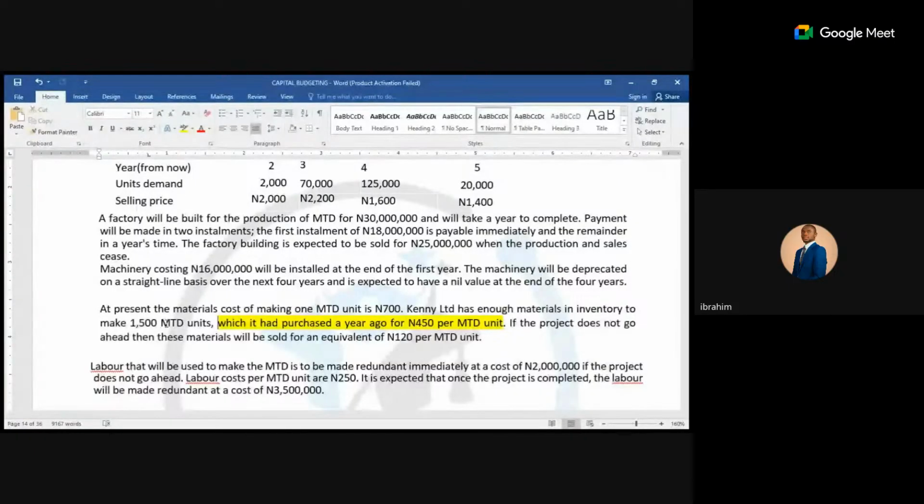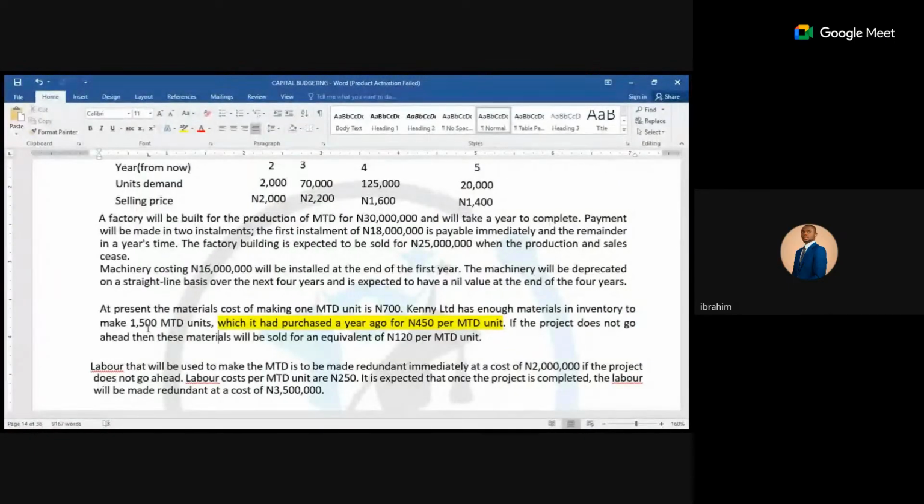If we are to sell it out, it will be 120 times 1,500 units. That will be the cost. We need to add it as part of the material cost. Then we need to go out and source the 500 units, which costs 700 naira per unit.